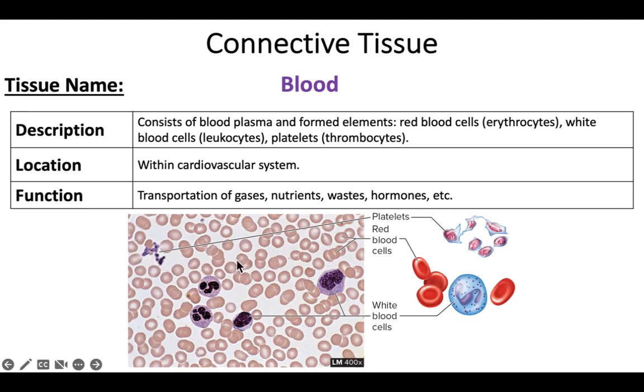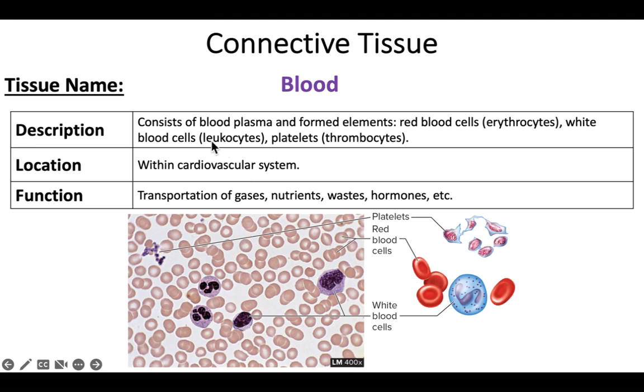Red blood cells are red because of hemoglobin. They're also known as erythrocytes because erythro means red. White blood cells, they're actually not white and they're actually not purple. They were stained. That's why white blood cells tend to look like purple cells under the microscope.